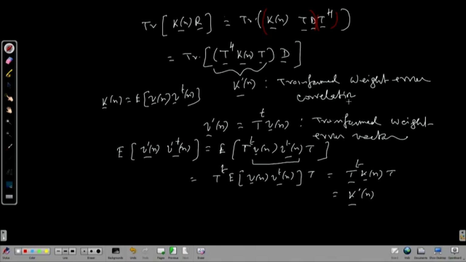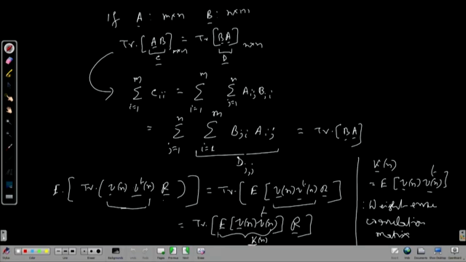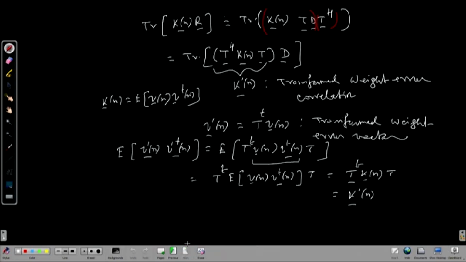Actually, if I define a new weight error vector, transformed weight error vector, T transpose V n, T transpose is a transform matrix. Then if I take the autocorrelation matrix of V prime n, I get back this K prime n. So, that is why it is the autocorrelation matrix of the transformed weight vector, it is called transform weight error correlation matrix. All right. So, if we take a look, we have trace K n R, which is given here.